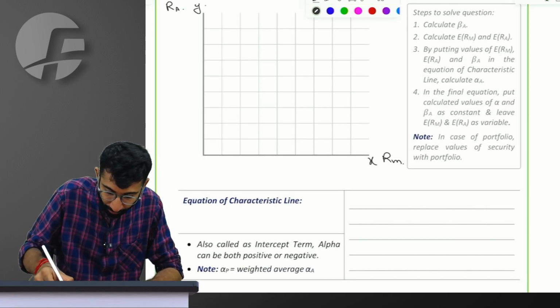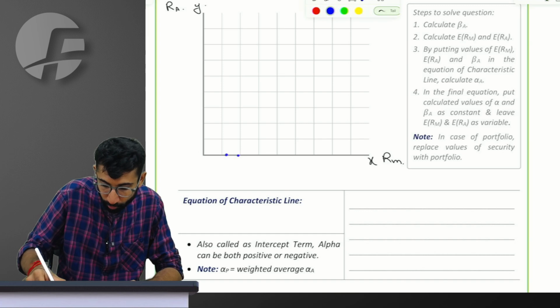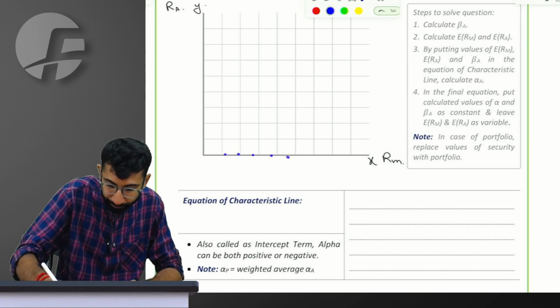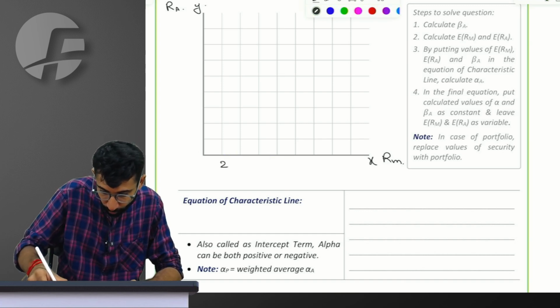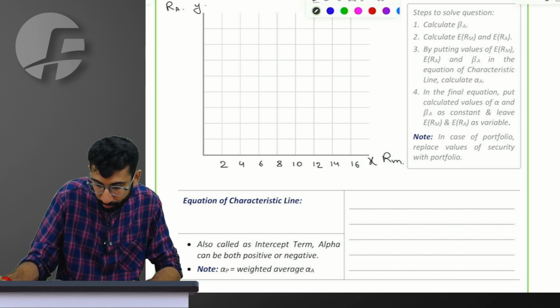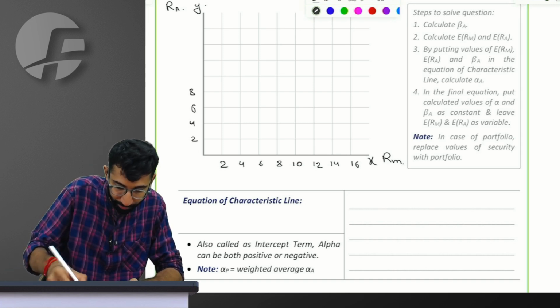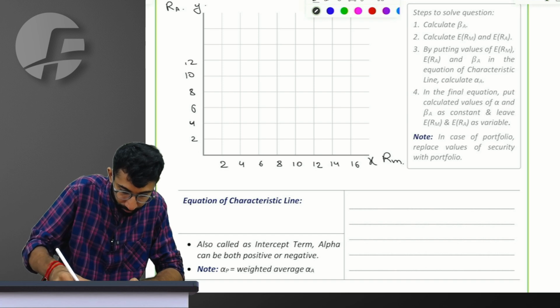On both axes, it is 2, 4, 6, 8, 10, 12, 14, 16.